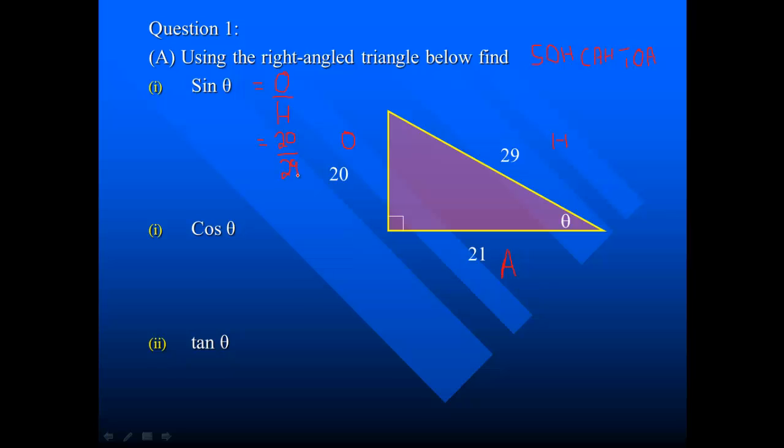Now, you can simplify this fraction if possible, but at this stage I'm unable to do that, so I'm going to leave that as 20 over 29. Similarly, can you please complete cos theta and tan theta?